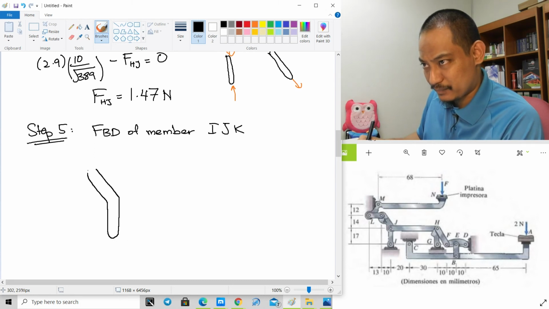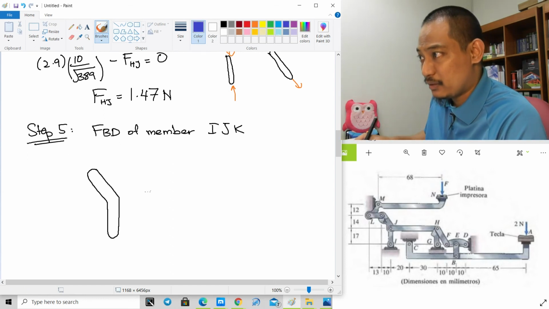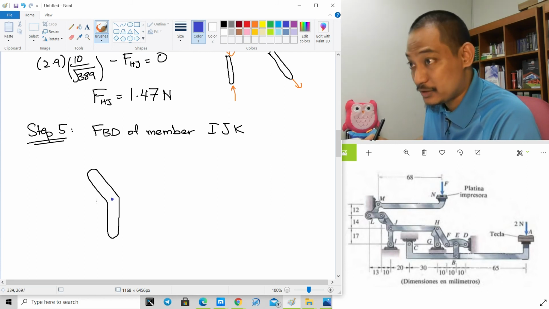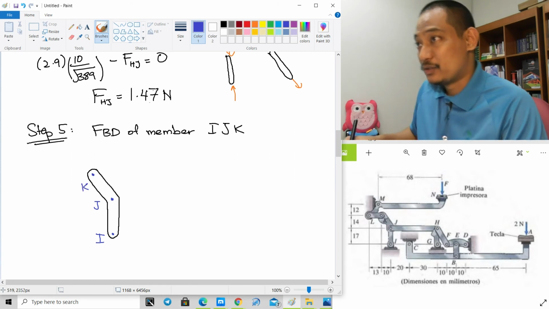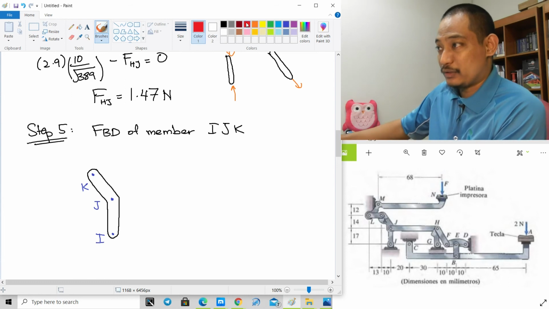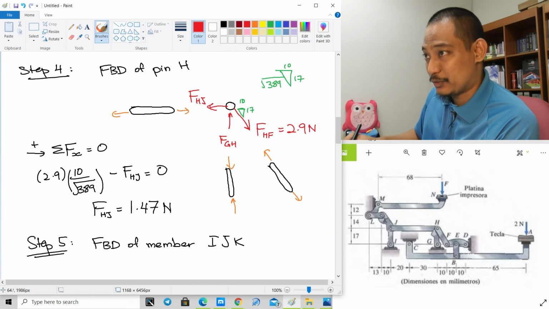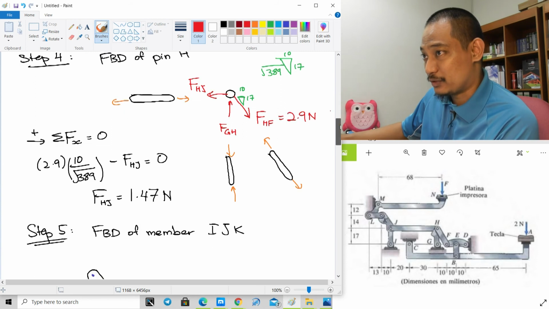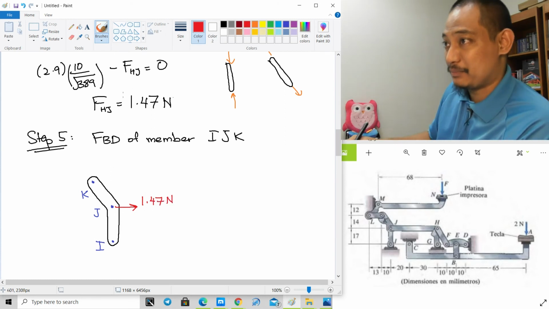We mark this point J, this point I, and this point K. Point J corresponds to the previous force, FHJ, so if you draw the corresponding force, it will be in this direction, with the value 1.47 Newton, which was determined before.